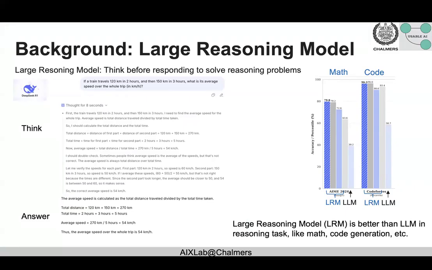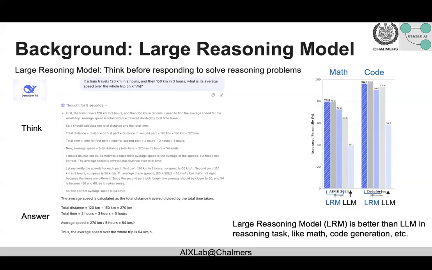Here is an example, a math physics question, where they think before answering. In the results, the first 4 columns are LRMs, and the last column is an LLM. You can see in the math and code tasks, the LRM is better.